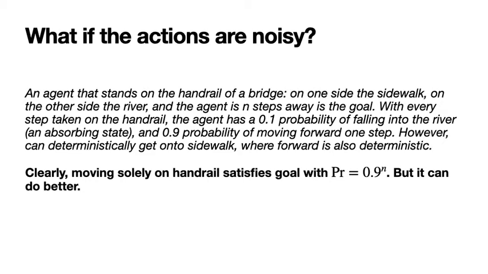So of course, if you think about this, if you move solely on the handrail, the probability of goal satisfaction is 0.9 raised to the power of n, because the agent is n steps away. But of course, the agent can also do better. Right?